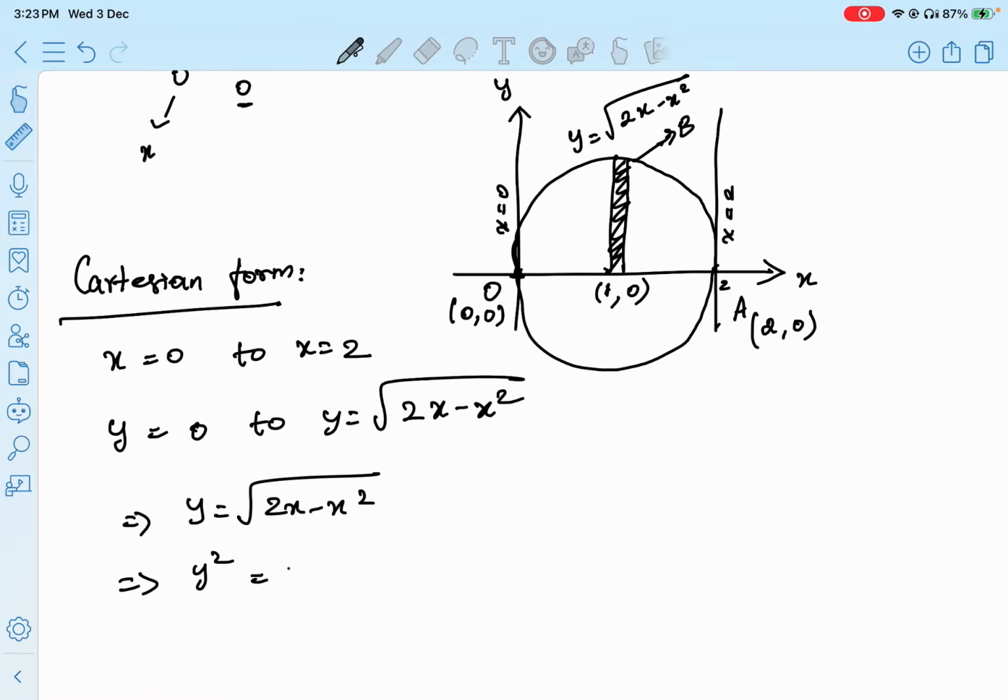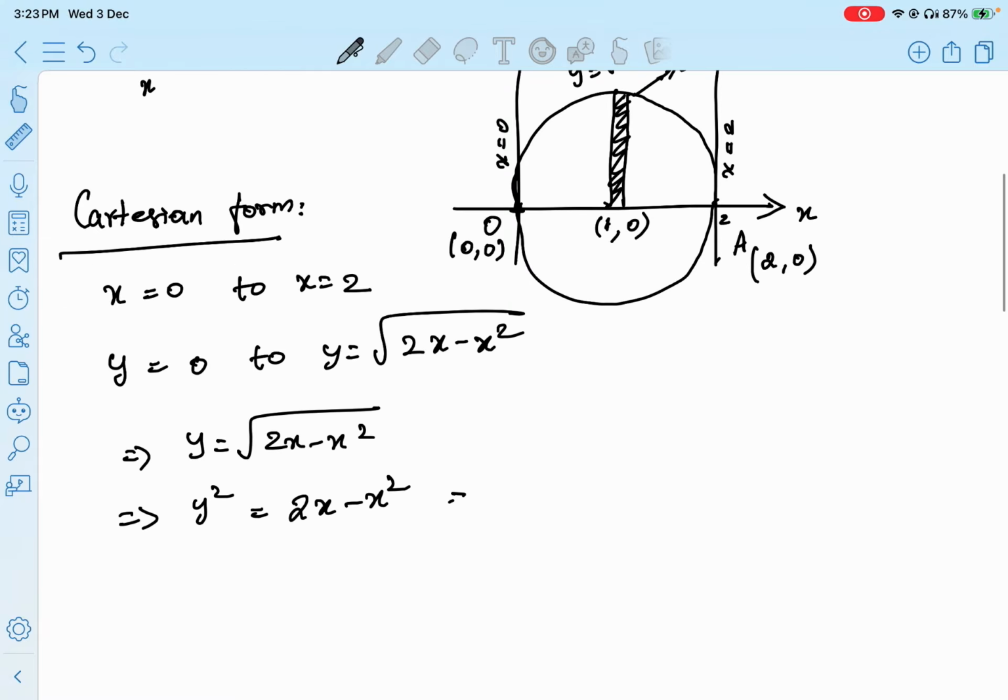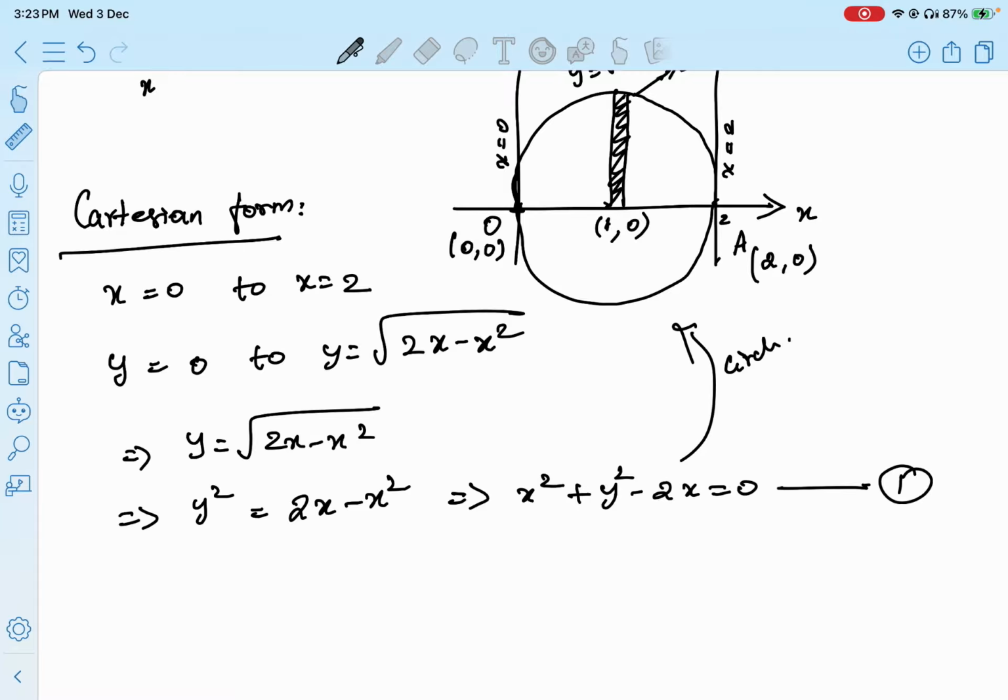2x minus x square. So we can write it in the form of x square plus y square minus 2x equal to 0. So as you can see, this is in the form of a circle. So I am going to mark this as equation number 1. So using this equation only I have drawn the above figure. So it is in the form of a circle.